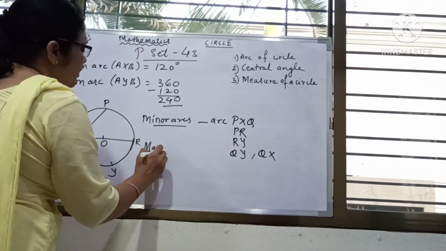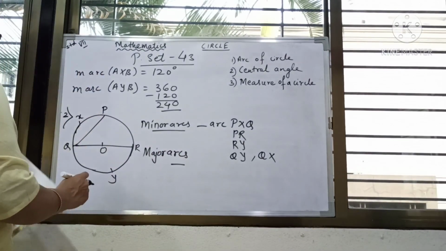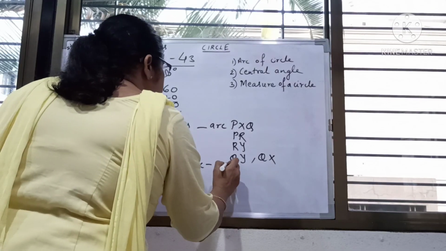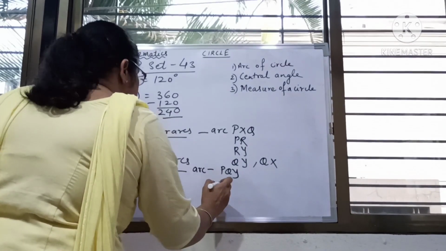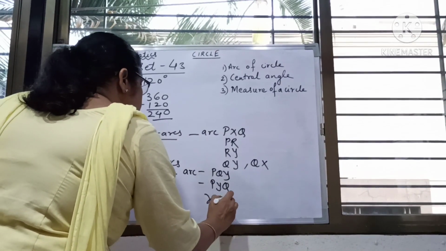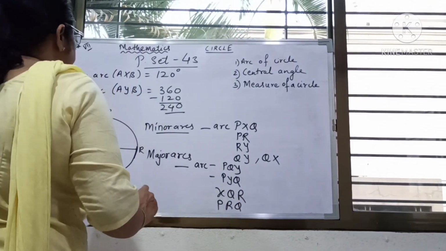Now let us write down the major arcs. Major arcs are PQY, then PYQ, XQR, PRQ.